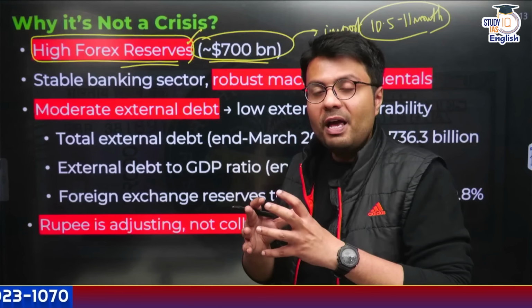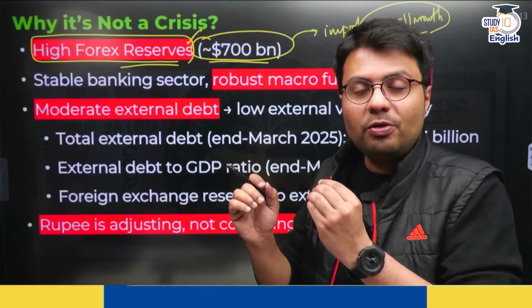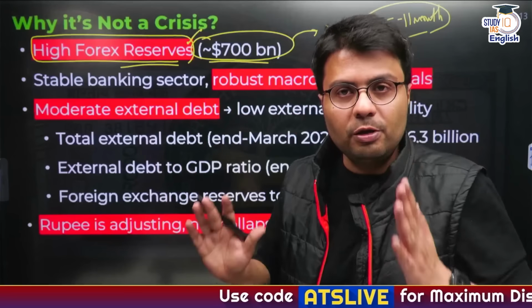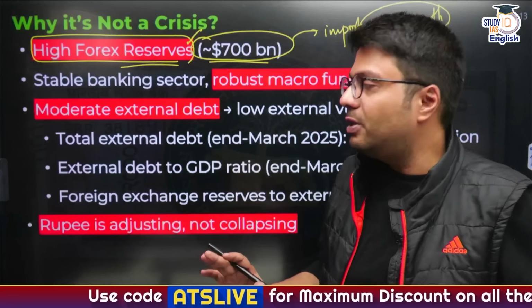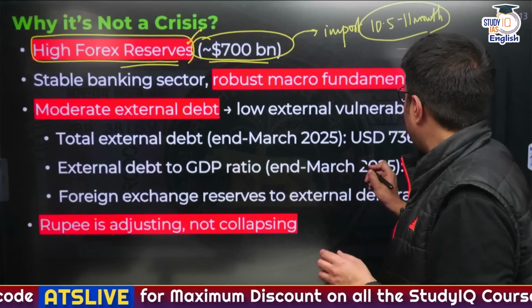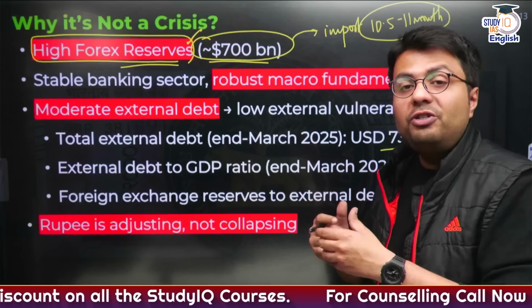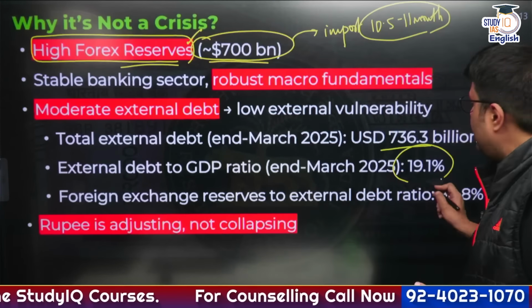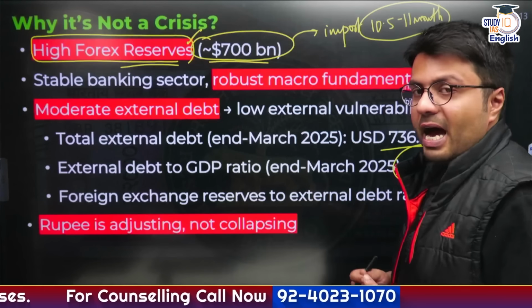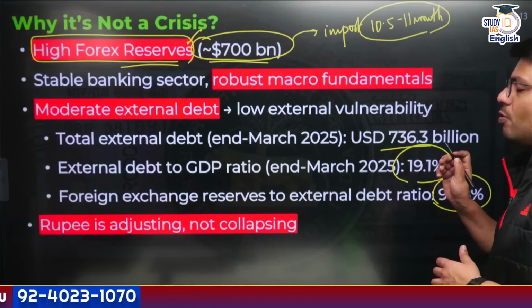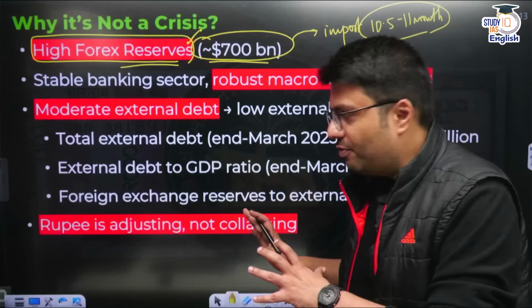Suppose we have taken a lot of debt from external sources and the value of the rupee declines, we will have to shell out more rupees to return those loans. But that is not the case with India. India's external debt is $736 billion, but compared with GDP, it is only about 19.1% of GDP. And our foreign exchange reserves to external debt ratio is very close to 91%. So we are safe in this regard.